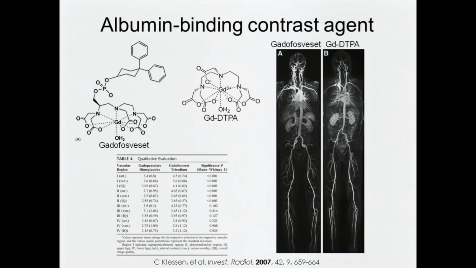And they also made a number of metrics where radiologists read these images and scored the images, and the long circulating agent that was bound to albumin scored better on a number of them, indicating its superiority over Magnevist.